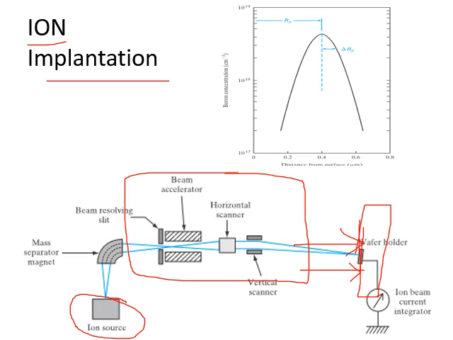For diffusion, we require very high temperature, that is 800 degrees centigrade to 1000 degrees centigrade. But here, we are not worried about the temperature. Our necessity is very high kinetic energy of the ions. That is achieved by this arrangement, which has scanners as well as a beam accelerator.